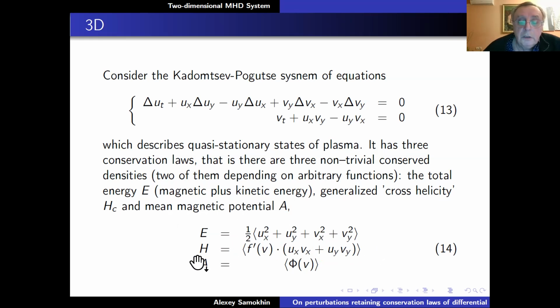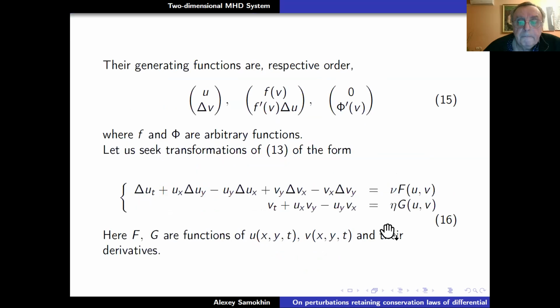Well, it's of course energy, and this is cross helicity and magnetic potential. Here, F and phi are both arbitrary functions. Their generating functions in respective order are given here in this formula.